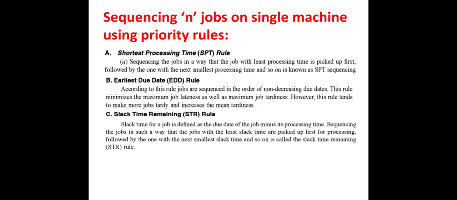So, according to this rule, jobs are sequenced in the order of non-decreasing due dates. This rule minimizes the maximum job lateness as well as maximum job tardiness. Tardiness is nothing but delay in delivering.